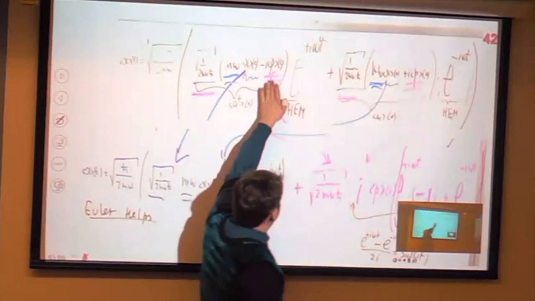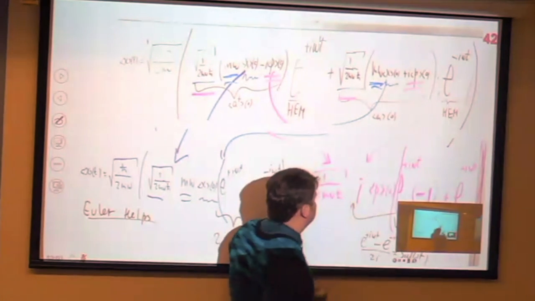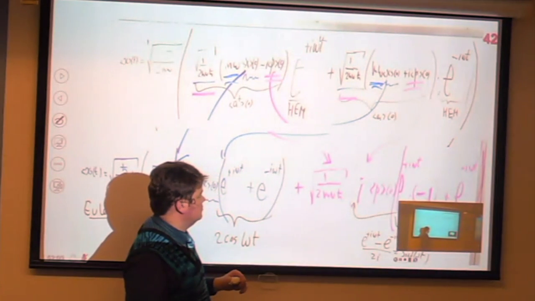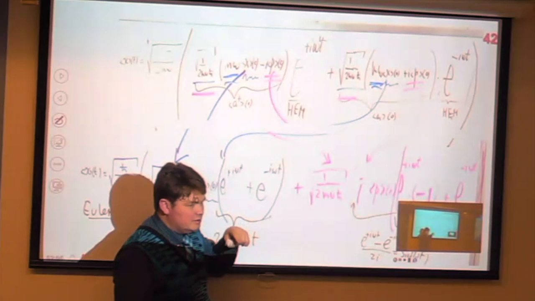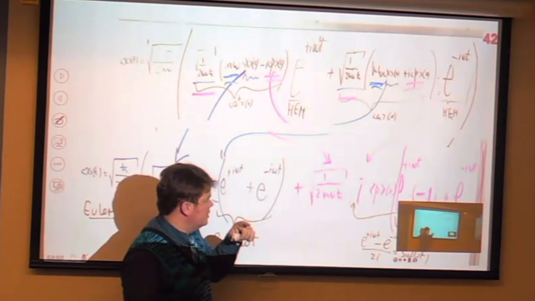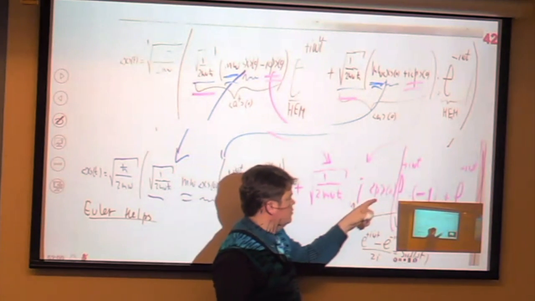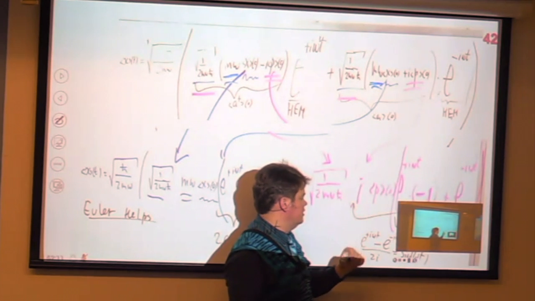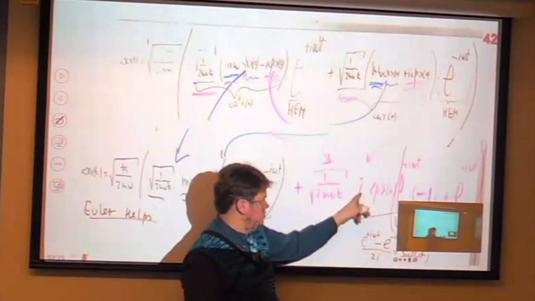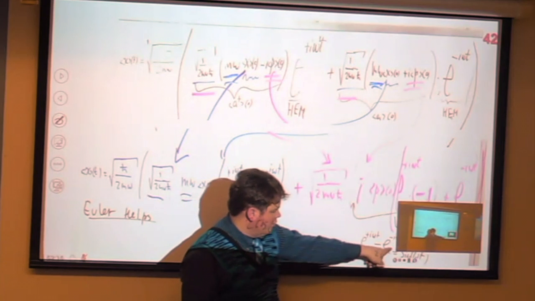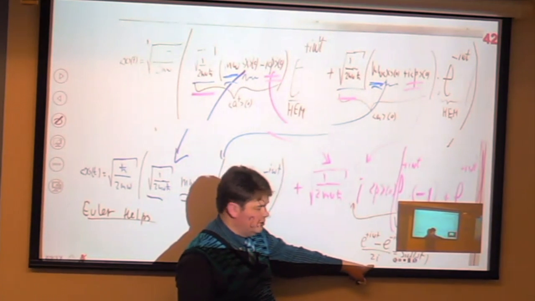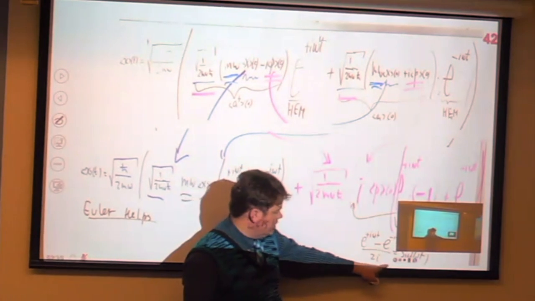And then for the second and fourth term, the exponentials rotating opposite direction come with minus sign and imaginary factor. And then, again, due to the old buddy Euler, we get sine.